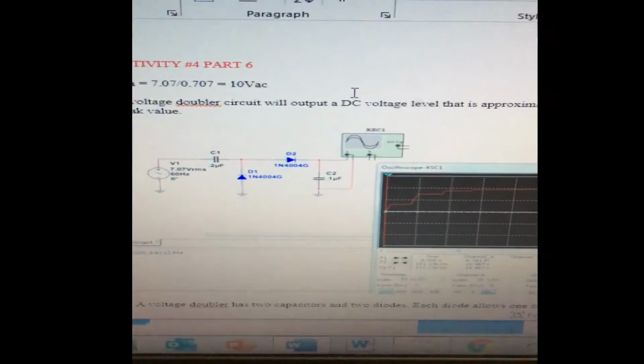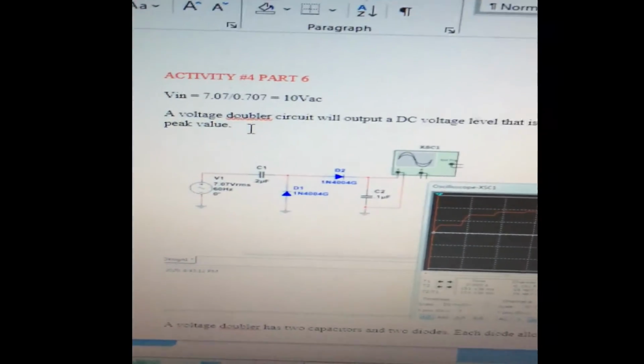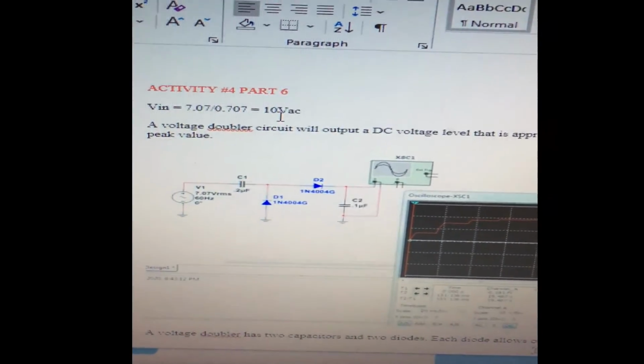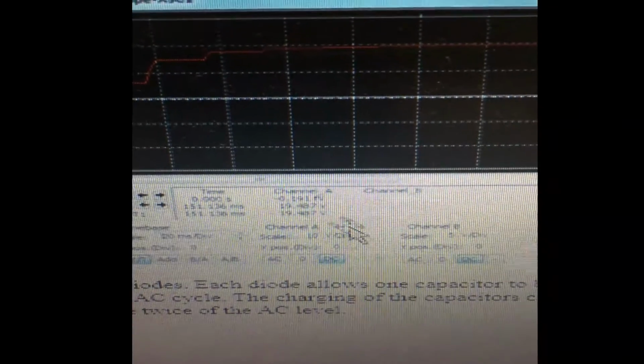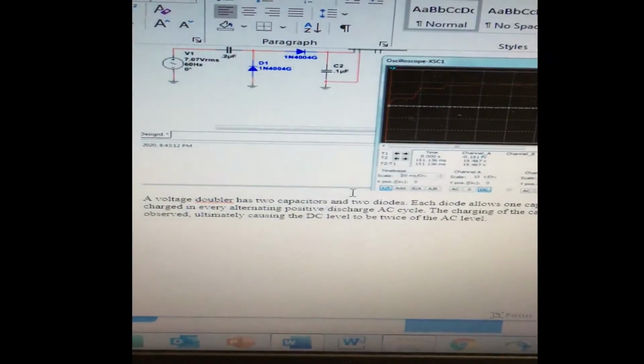Currently it should output a DC voltage level that is approximately twice the AC peak value. In this case, I use 10 volts AC. So the output of the voltage doubler should be around 20, and it reads 19.487. So yeah, it's around 20 volts. Voltage doubler has 2 capacitors and 2 diodes.